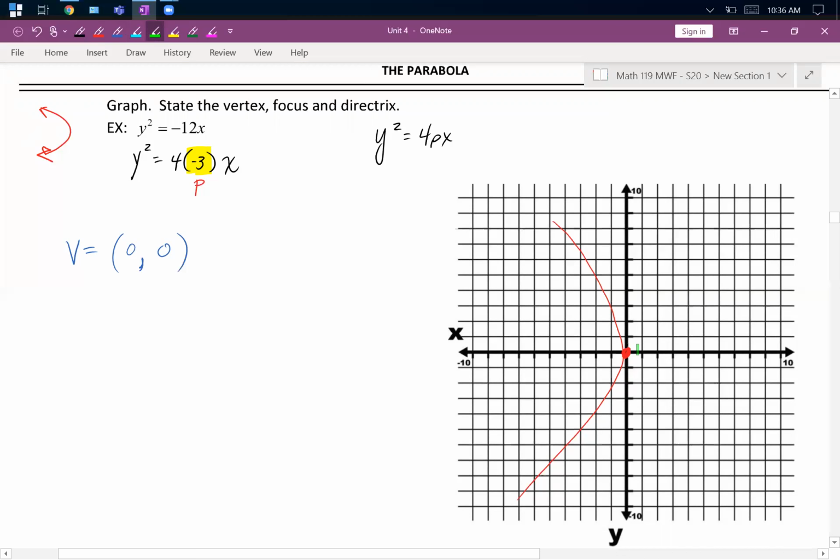So my directrix has to be over here, and we're going 3 units. There's our directrix. And then my focus is p units from the vertex, but inside the parabola. So my focus is going to have to be right here.